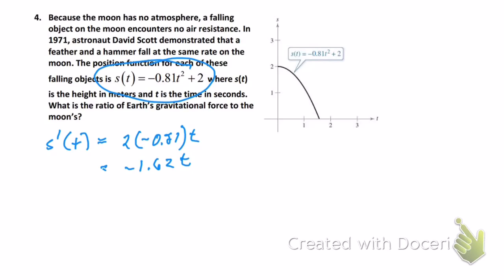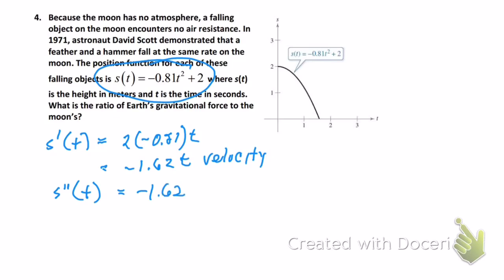Now what's that? That's velocity. But I want the gravitational pull, which is an acceleration. So I'm going to take the second derivative of that. And that's pretty easy, negative 1.62.